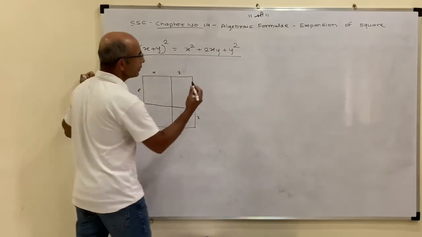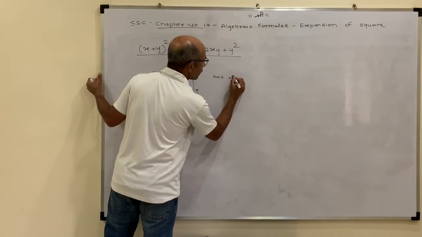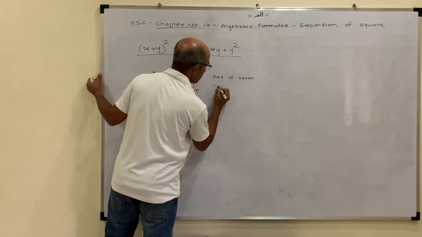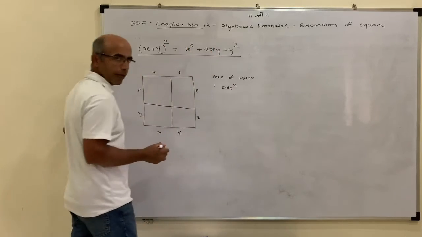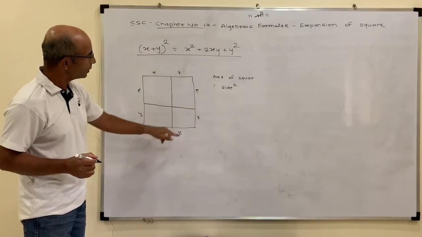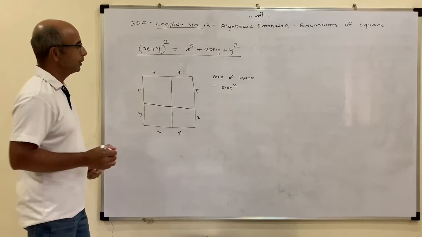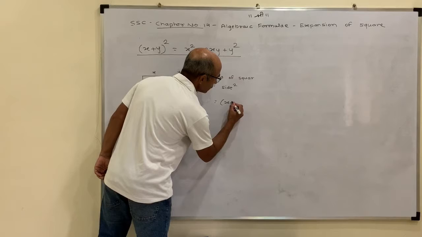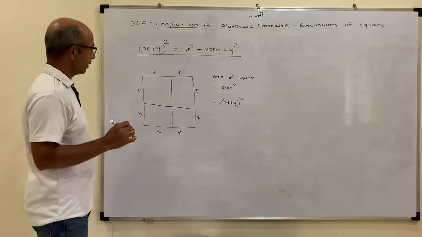Now area of the square, what formula do we have? Area of square is equal to side square, right? So now how much is the side of this square? x plus y is one side. So we'll say (x plus y) square, right?